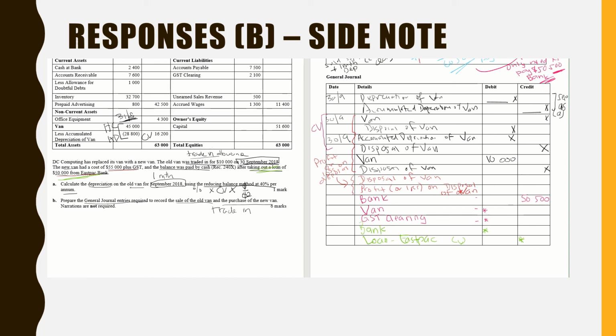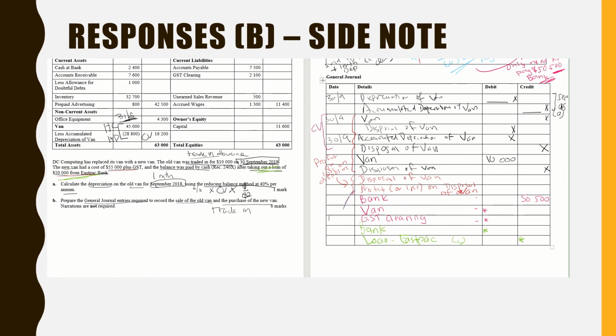Just a side note here, if you're referring back to the entries for a trade-in, I do also encourage you to put in the entry to close the profit or loss on disposal of van account and close it to the profit and loss summary.